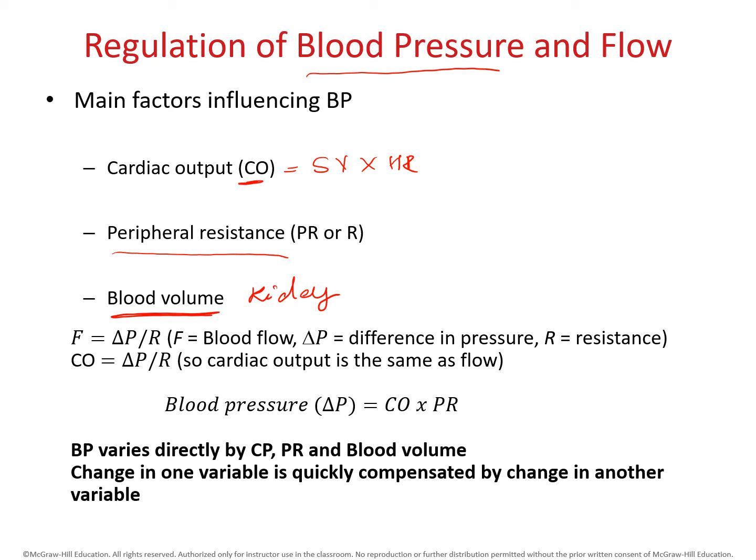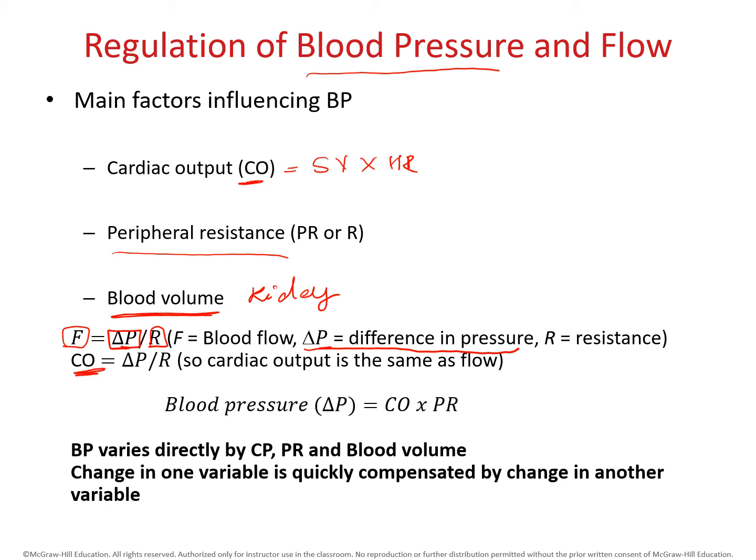Now, as we have studied before, the flow is directly proportional to delta P, and delta P is the difference in pressure, which is really a measure of the actual blood pressure, and the resistance. And resistance is affected by the radius of the blood vessel.